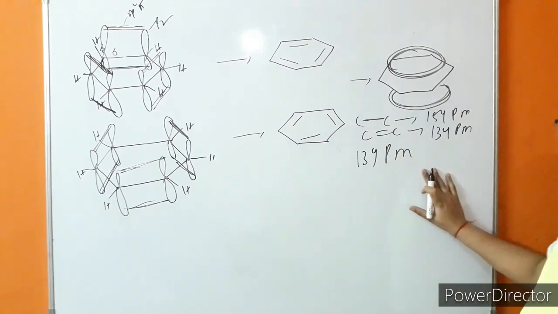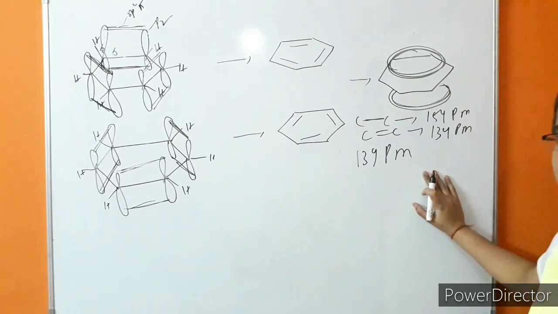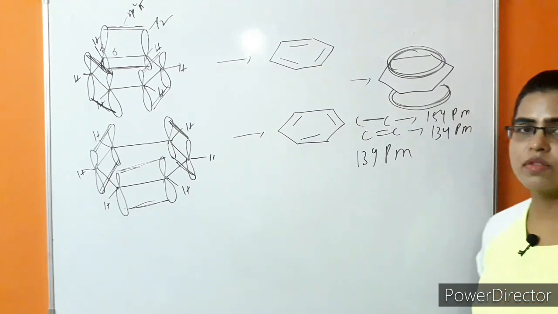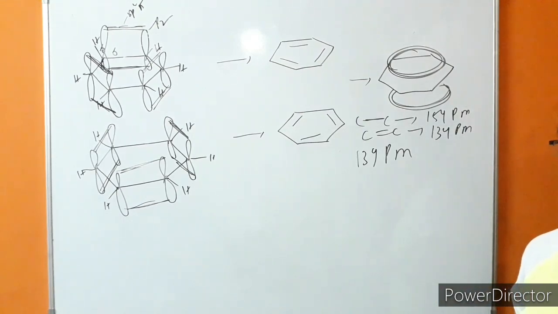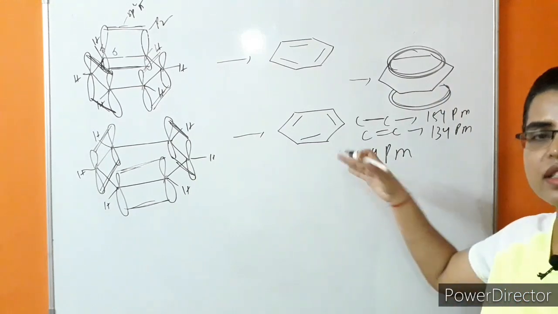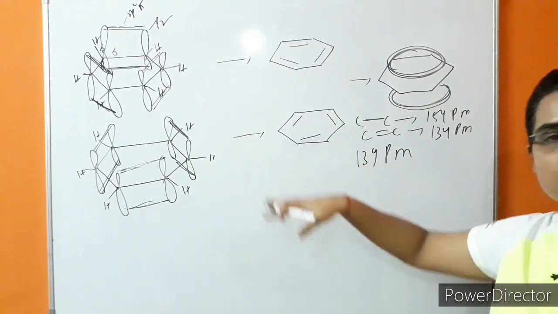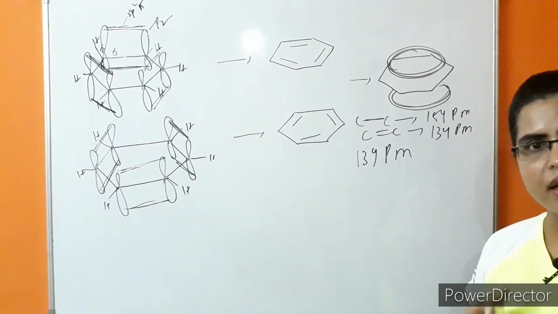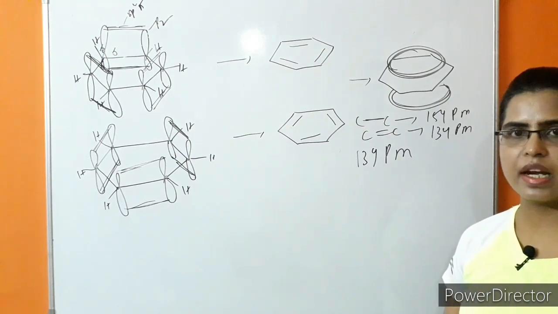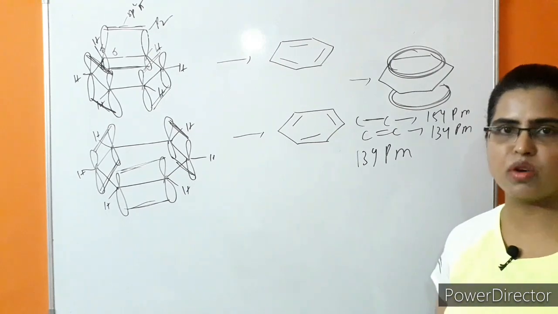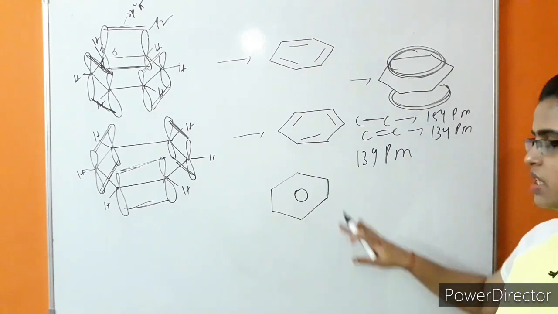The bond length is intermediate between the single and double bond. Because of that, the carbon-carbon bond length in the benzene ring is 139 picometer. This is because of the delocalization of these pi electrons over the 6 carbons present in the benzene ring.